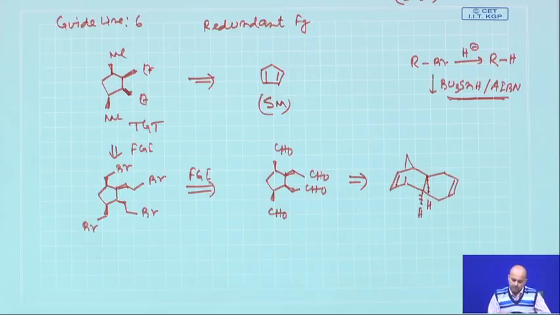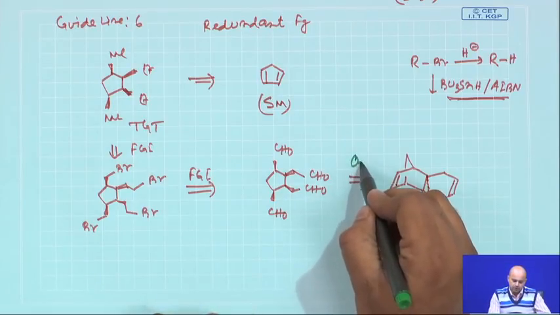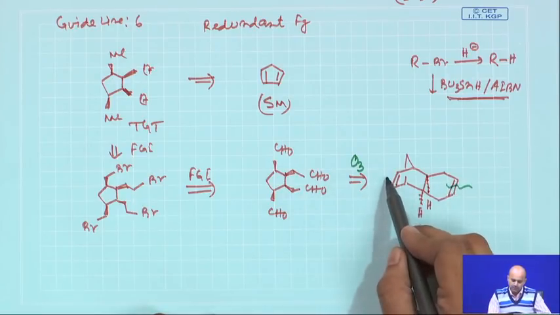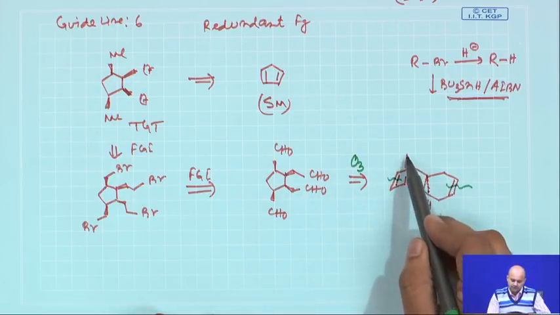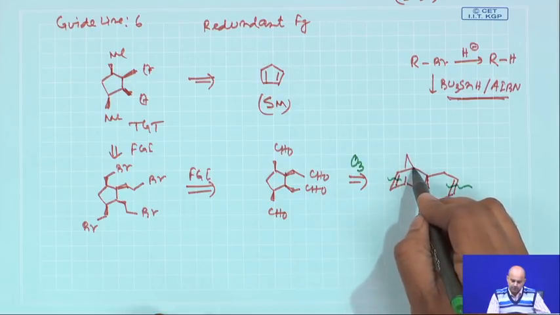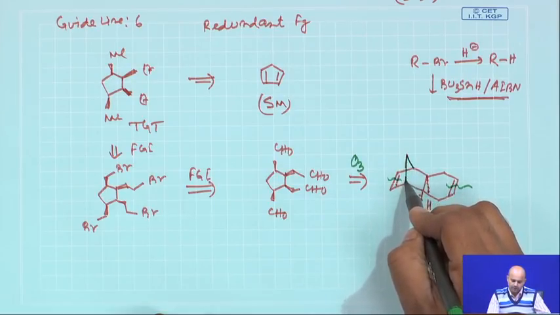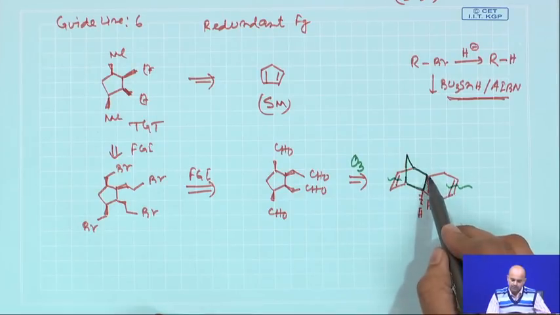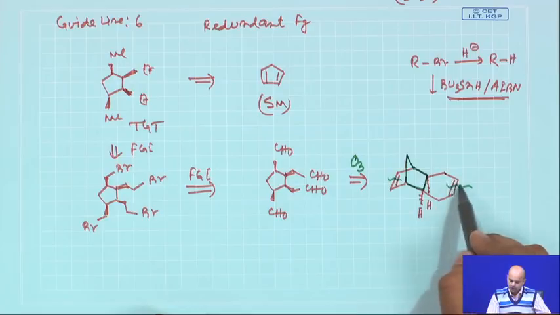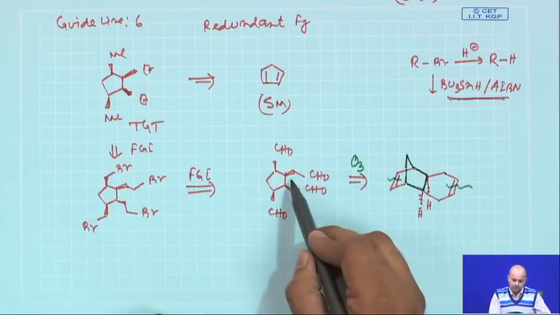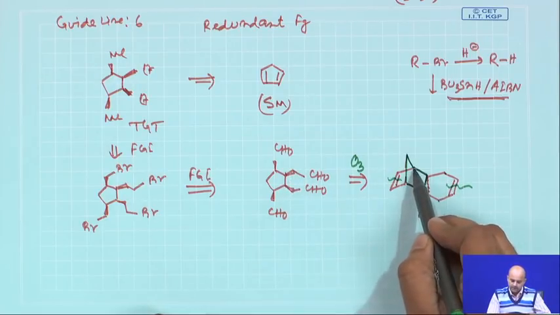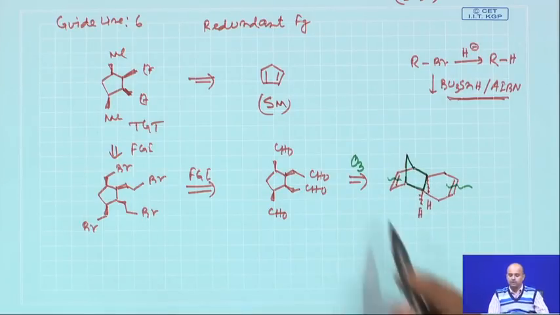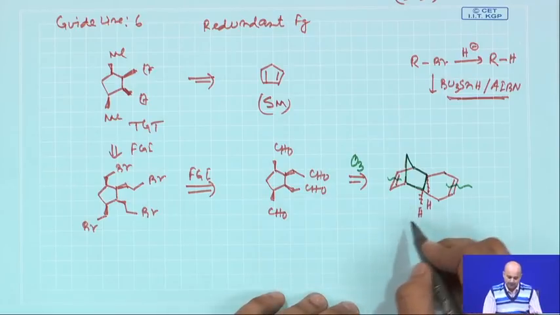Now, we simply do an ozonolysis here, meaning that you will be chopping this double bond here and this double bond here. The core cyclopentane will be retained, and then you have CH2CHO, CH2CHO, CH2CHO by ozonolysis, and on this part you will have another CHO, another CHO. So, this is absolutely fine.